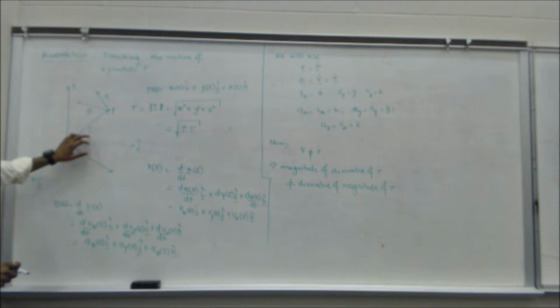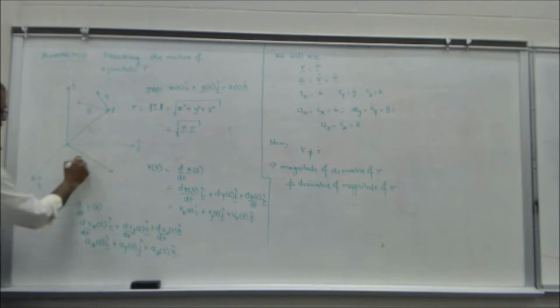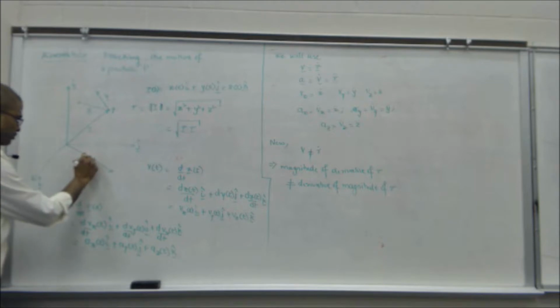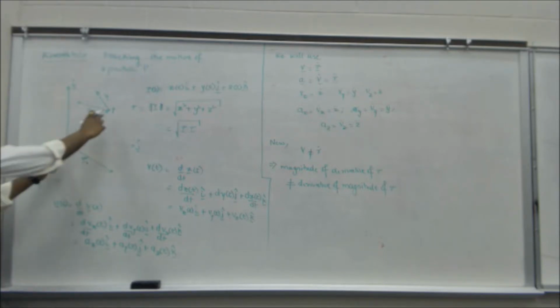This is another r. Has the velocity changed? Let's say the length of this r is the same. R and R1 is the same. This length and this length is the same.